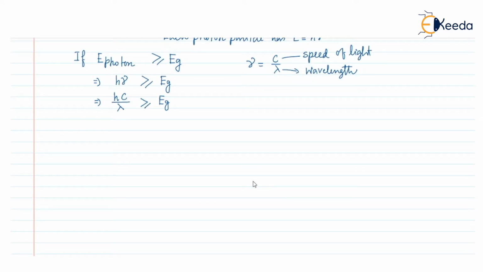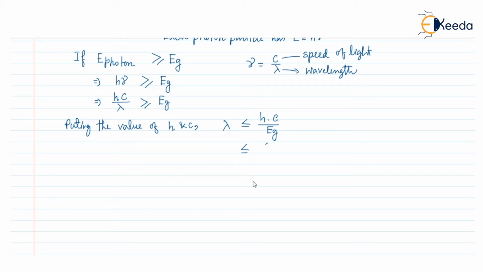Now, putting the values of h and c, we can say that lambda will be less than or equal to h into c divided by Eg.